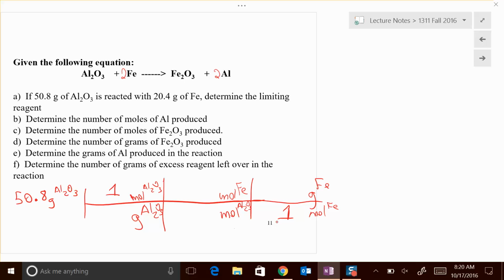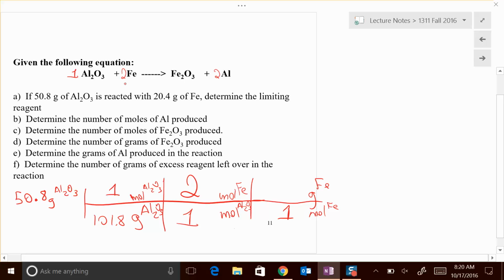We have 2 aluminums and 3 oxygens. Okay, now, what do I put here? The coefficients from the balanced chemical equation. What number goes on top? 2. 2 moles of Fe. What number goes on the bottom? For every 1 Al2O3. Excellent. Okay, that's where I find those.